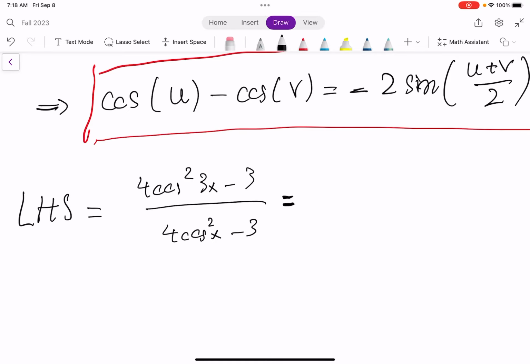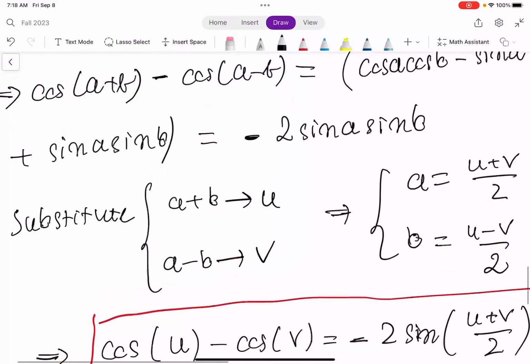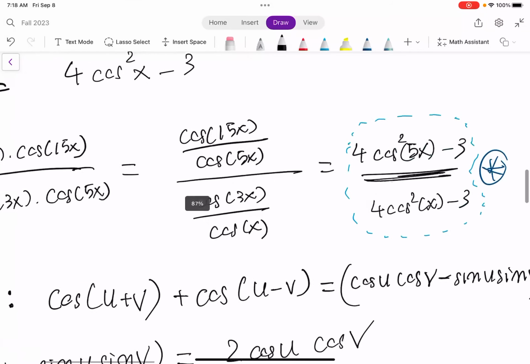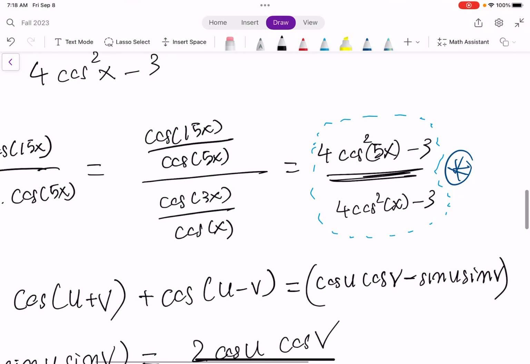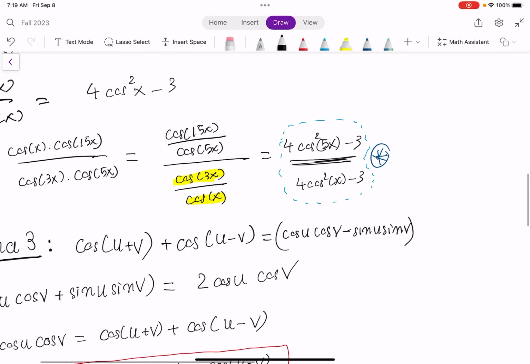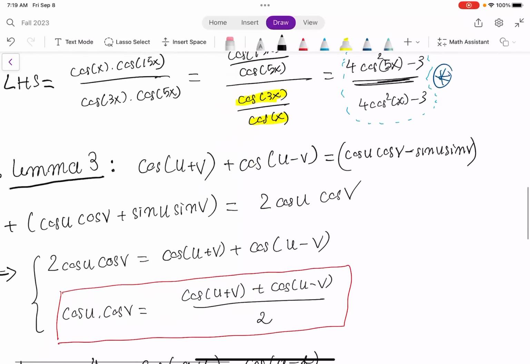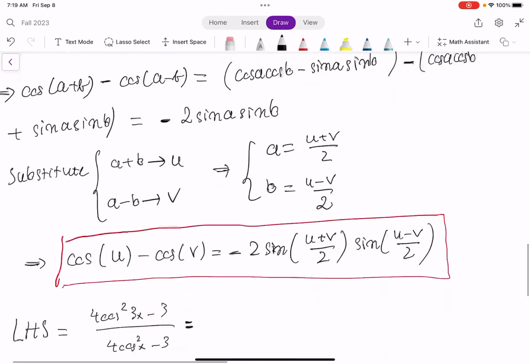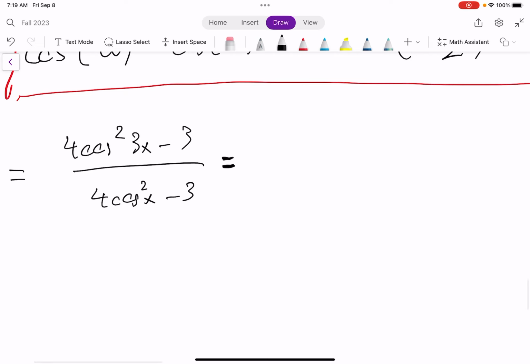So for cosine square of x minus 3, I'm just going to return it back to cosine 3x over cosine of x. You guys will see why in a minute. But in this case, the denominator needs to change form, to an equivalent form. That's what I'm trying to say. So keep the denominator the same.